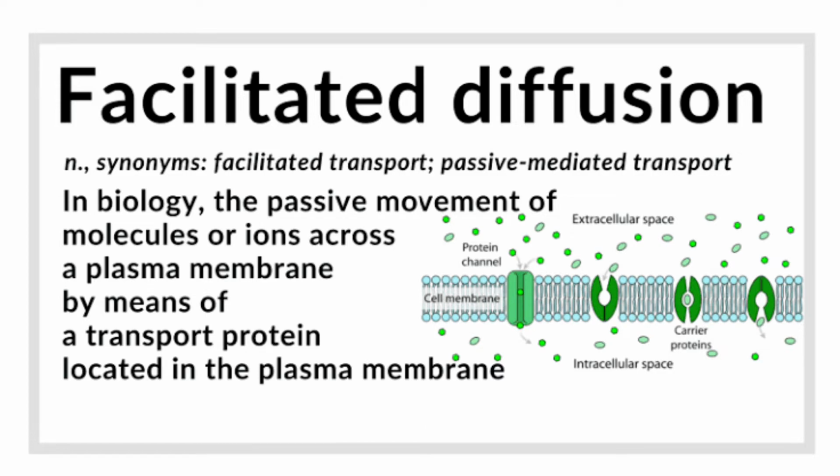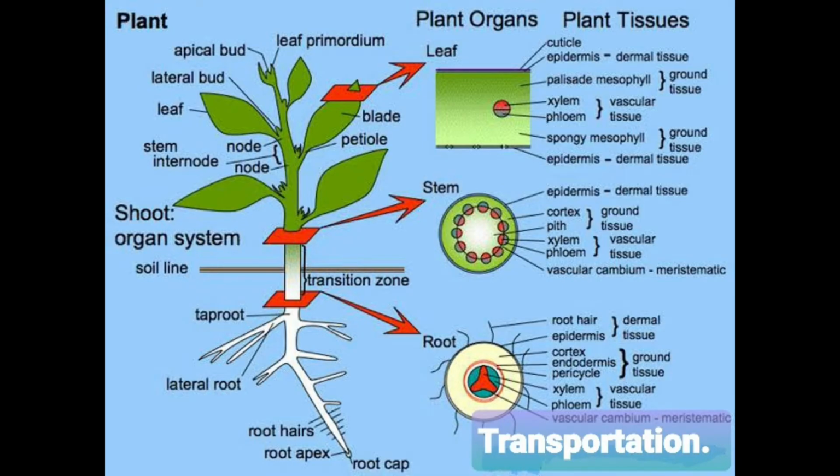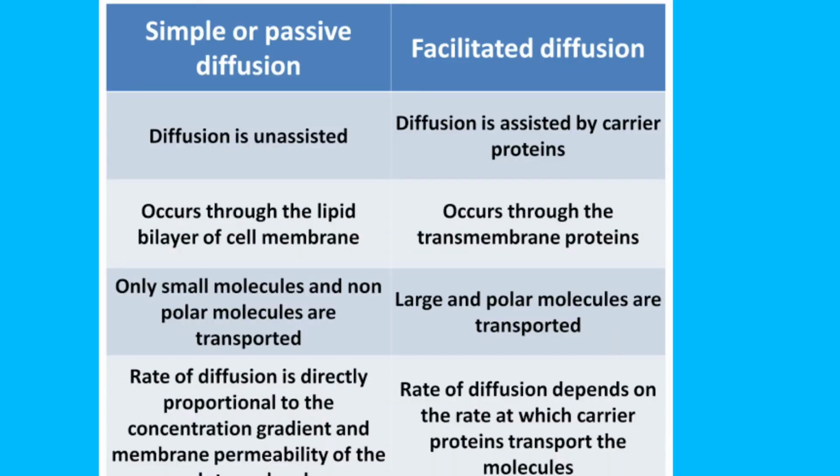They are kept away from the cell because of facilitated diffusion. A saturation point is also seen in facilitated diffusion, but not in simple diffusion. Here in facilitated diffusion, there is no uphill transportation, and no energy is required.